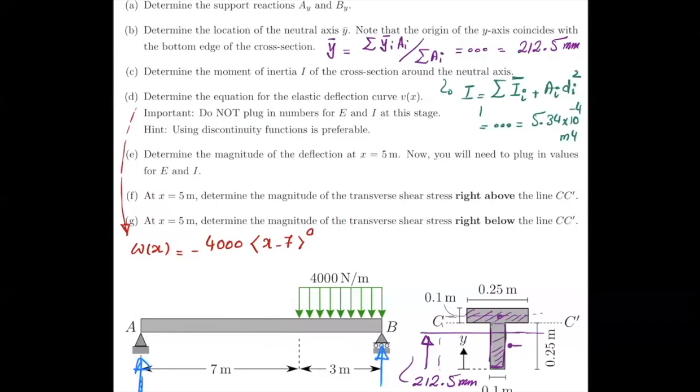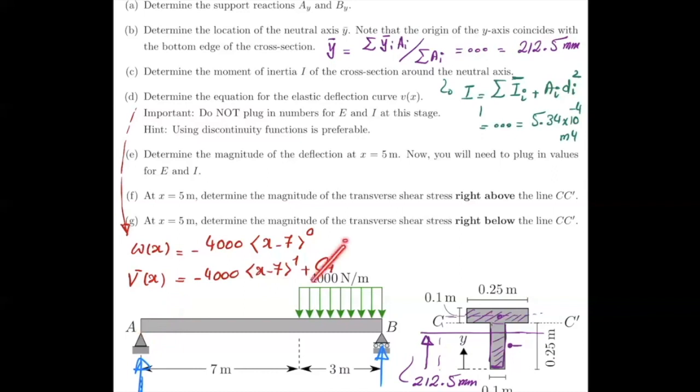So once you have that, then you have basically solved it. All you need to do is to just integrate this. You integrate this, you would get minus 4,000 times x minus 7 to power 1 plus C1 maybe. But then instead of C1, you can imagine that if you assume x equals 0, you get just again 0 here.